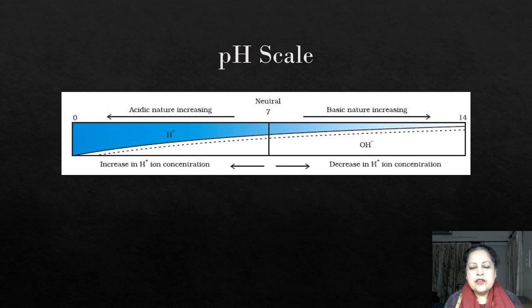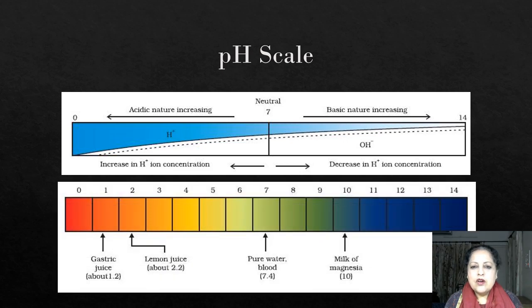And you can measure this pH with the help of a universal indicator, which is either a pH paper or even a pH solution. When you add pH paper, you get a range of colors, and the range of colors helps you to analyze the pH of that particular substance.